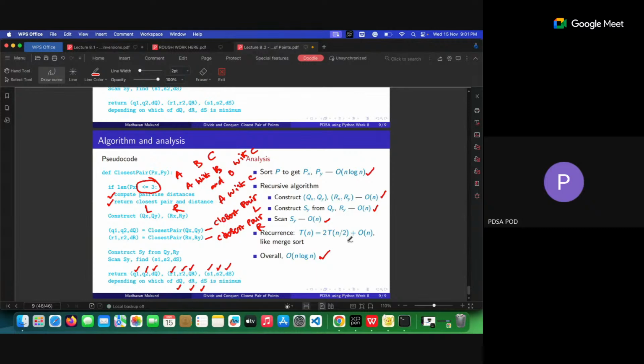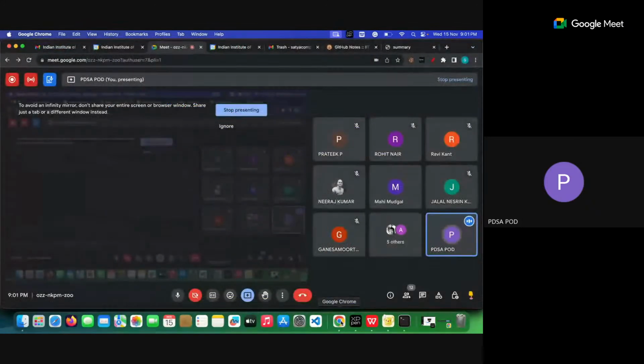Out of these 3, the smallest one is the answer. So you can find the shortest distance of pairs, which is the closest pair of objects. So this is 8.2. Please ask me for any clarifications.